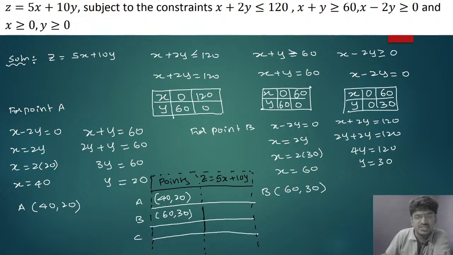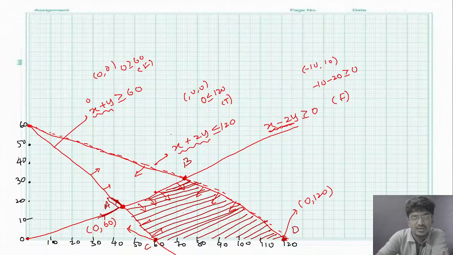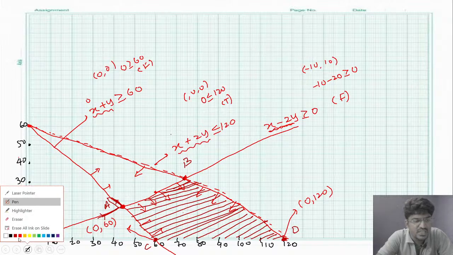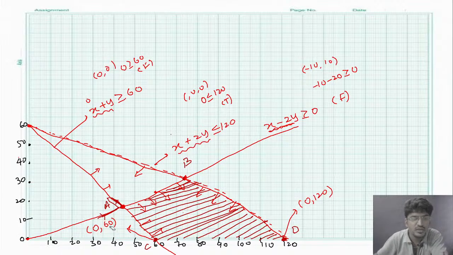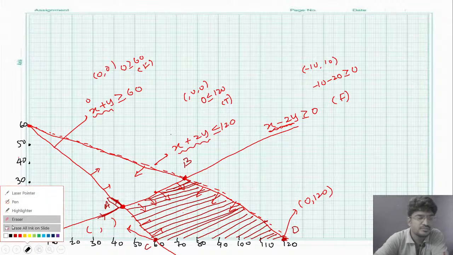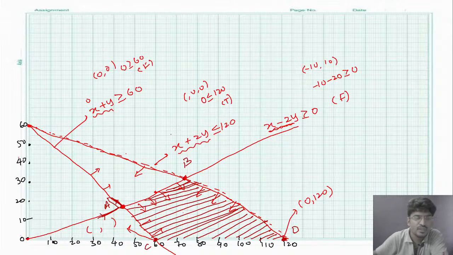Point C is, sorry, these are 60 comma 0, not 0 comma 60. See the point C. Here point C is 60 comma 0, because x value is 60, y value is 0.